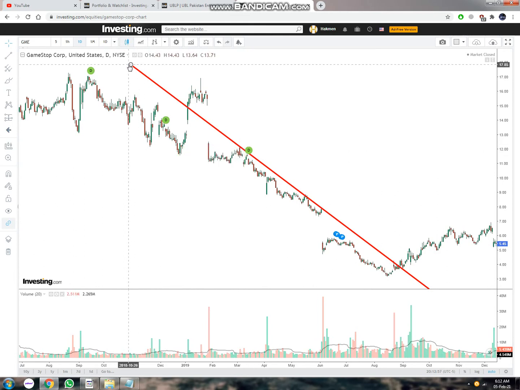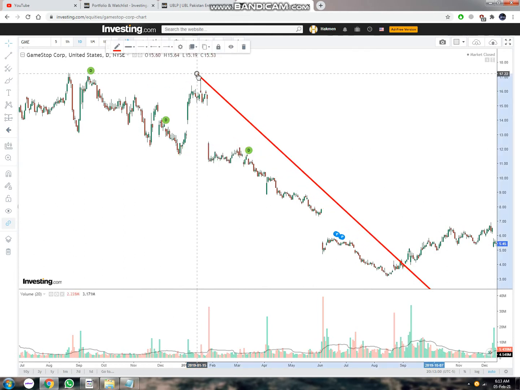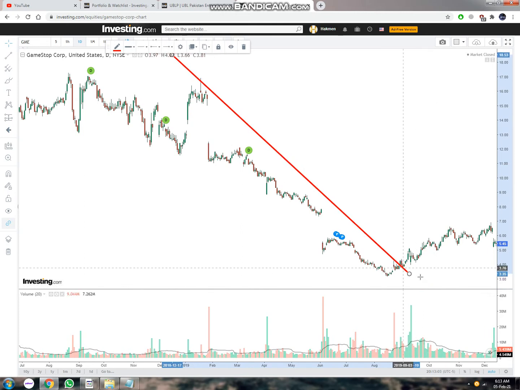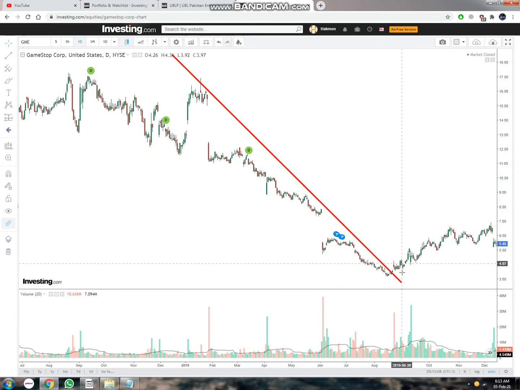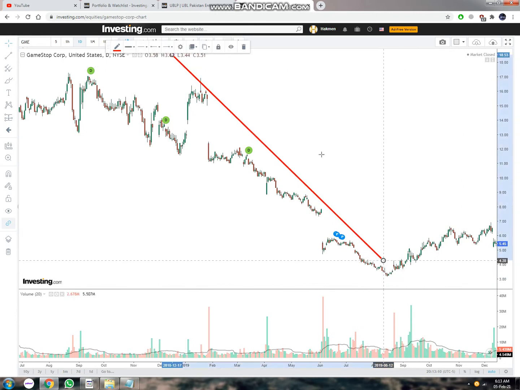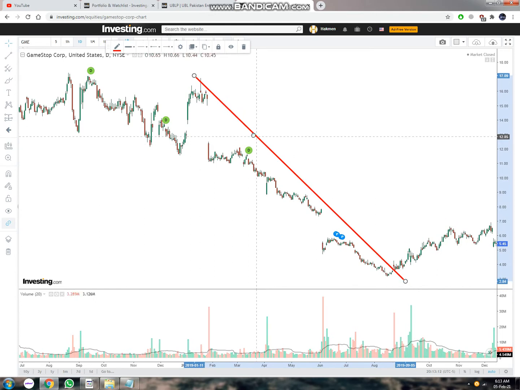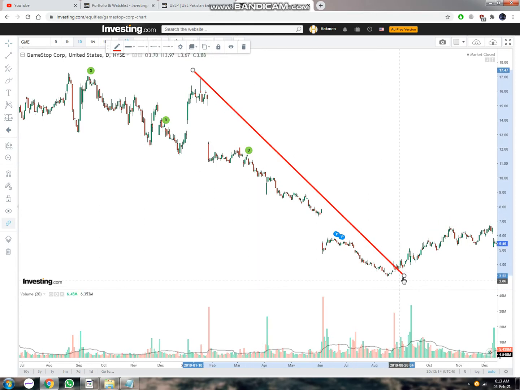Let me make it a bit clearer. So whenever the market is in this type of direction, always draw a line that is in the downward direction.